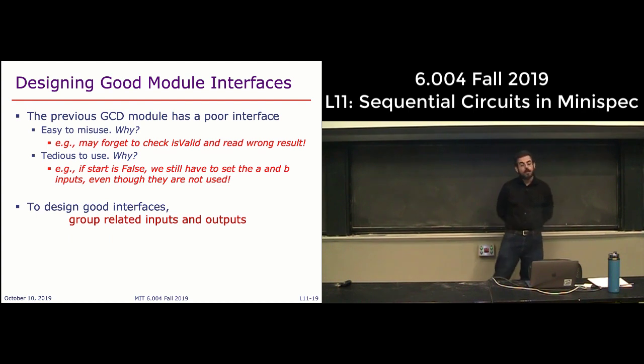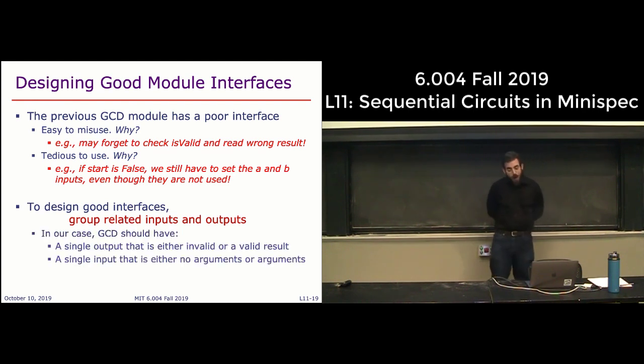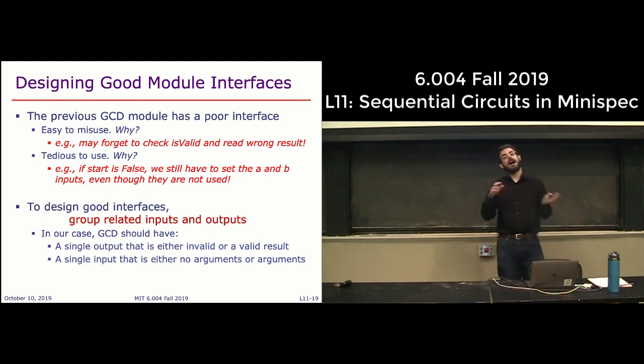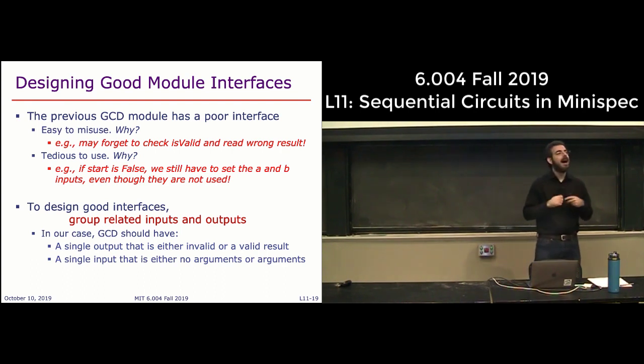Instead of having three inputs and two outputs, we should have one input that is either invalid or valid, and one output that is either also invalid or valid. With that, I'll leave it there. There's a built-in type that lets you express optional values, and you can see over the next two slides how that results in a simpler implementation of GCD.